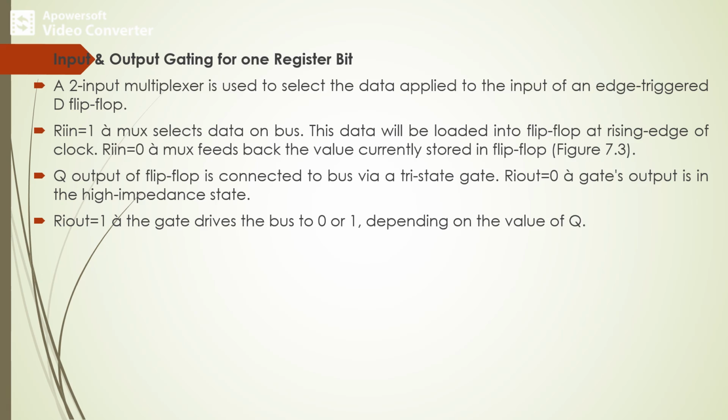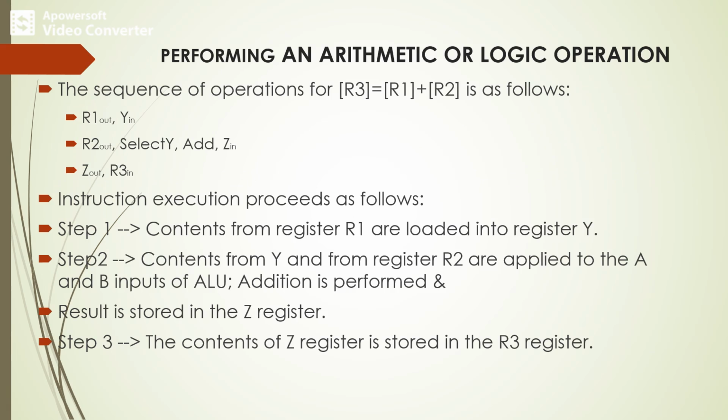The Q output of the flip-flop is connected to the bus via a tri-state gate. Whenever Rout is equal to 0, the gate's output is in the high impedance state. Whenever it is equal to 1, the gate drives the bus to 0 or 1 depending upon the value of Q.